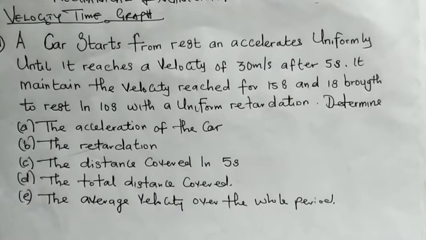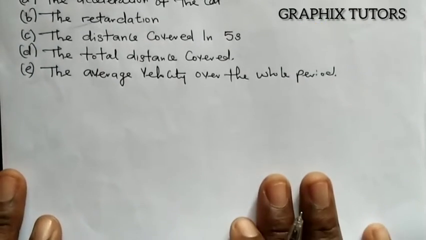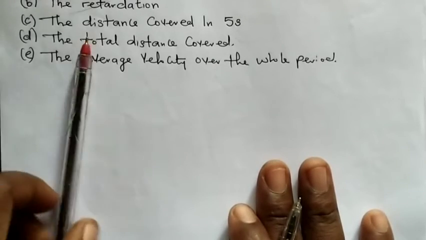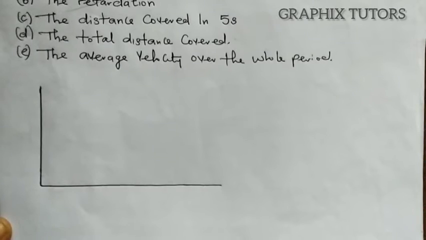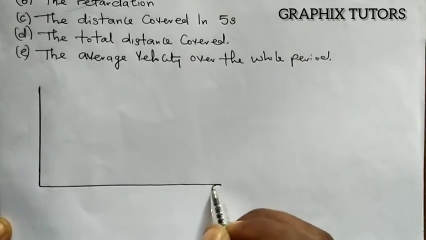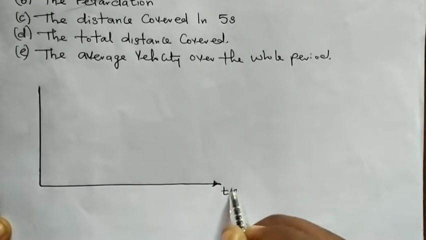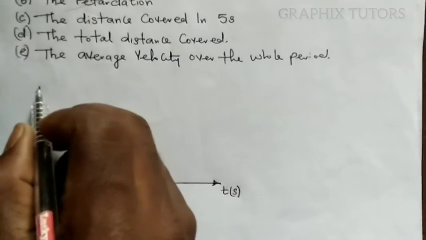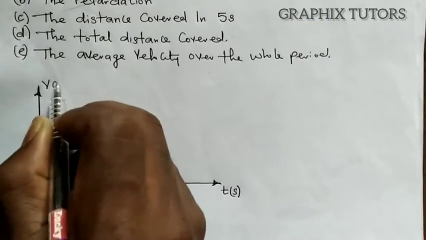That means the velocity is on the y-axis and the time is on the x-axis, just like this. So I'm going to have this way. Now this is the x-axis, which is to represent our time, which is measured in seconds, and the y-axis, which is our velocity, which is measured in what?